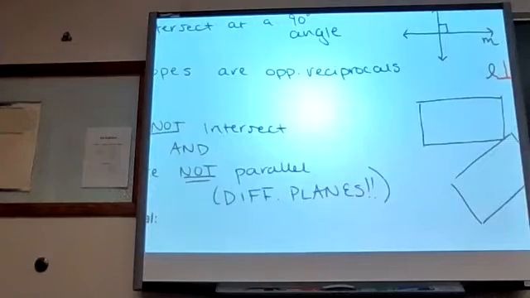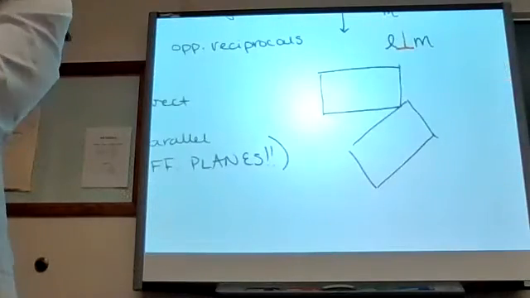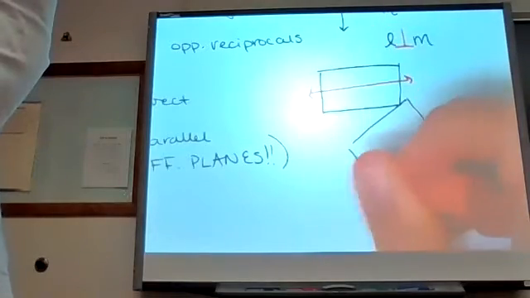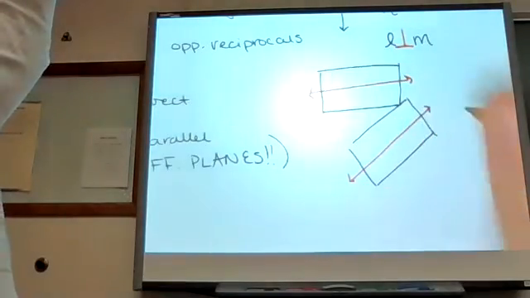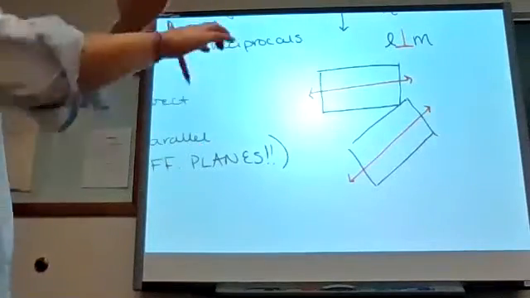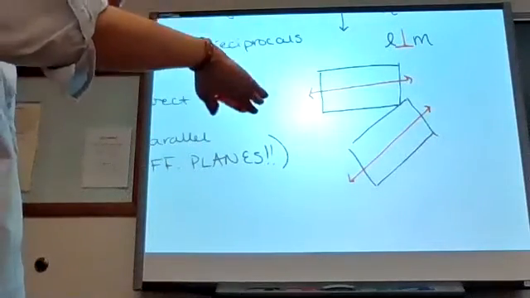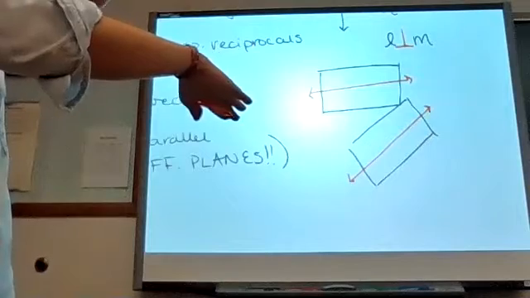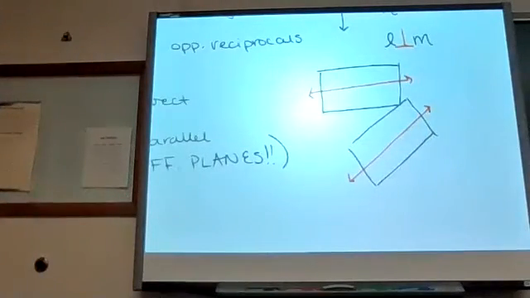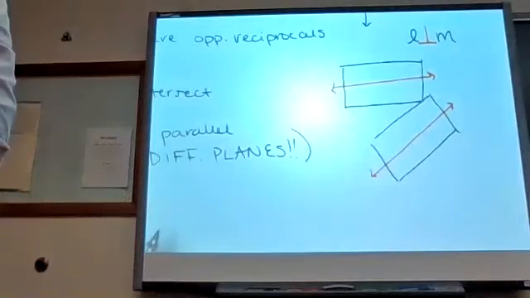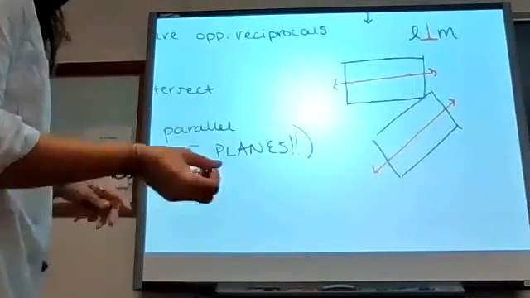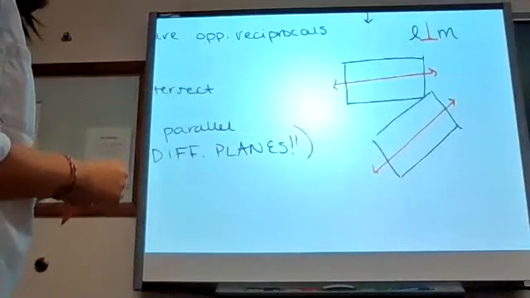So I have these planes, and then on this plane, I have a line, and on this plane, I have a line, and they're not parallel, okay? But they will never hit each other because they're sitting on like different areas, okay? They're never going to crisscross these two planes. Okay, so it kind of goes along with parallel perpendicular, worth noting, but we don't use skew lines like in a proof.